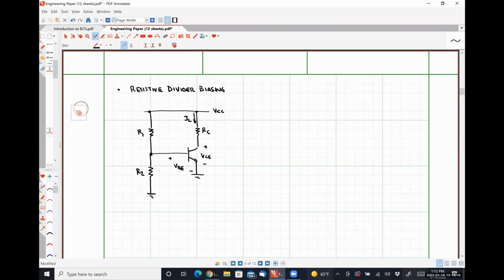Now, we have to be very careful when applying Thevenin's theorem here because you guys may or may not remember this, but Thevenin's theorem tells us that we can replace any two-port linear electrical network with an equivalent voltage source V Thevenin in series with an equivalent resistance R Thevenin, right?